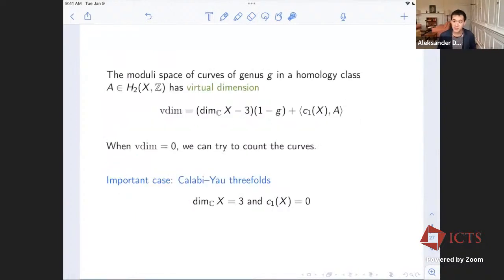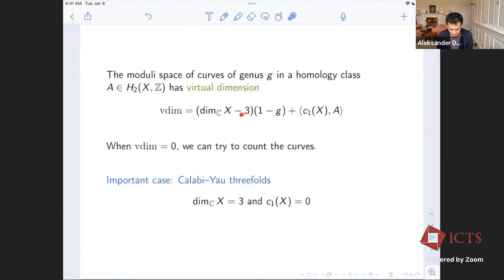So let's be a little bit more precise about this problem of counting curves. So I fix my projective manifold X, and I fix some second homology class A, and I fix some genus G. And I can look at the so-called moduli space of curves, so essentially the space of all holomorphic curves of that genus G and that homology class A. And it is some topological space, not necessarily a manifold, but if you count how many degrees of freedom you have minus how many equations you have to satisfy, you come up with an expected or virtual dimension of this space of curves of given genus and given homology class, and it is given by this formula.